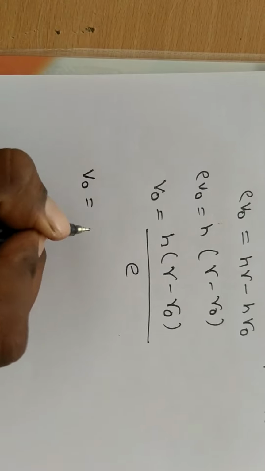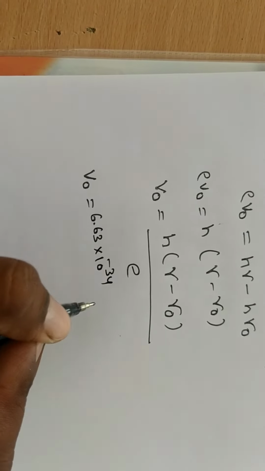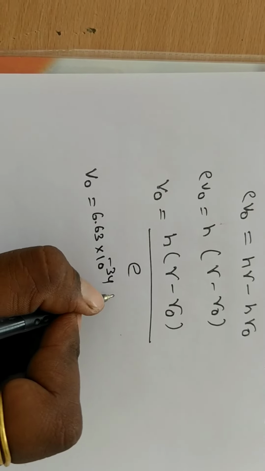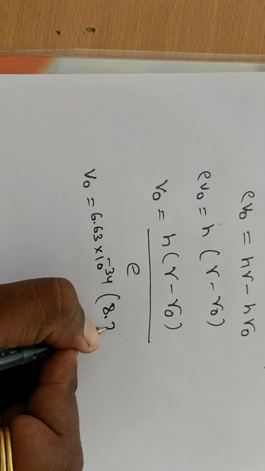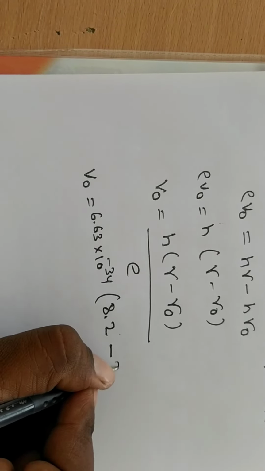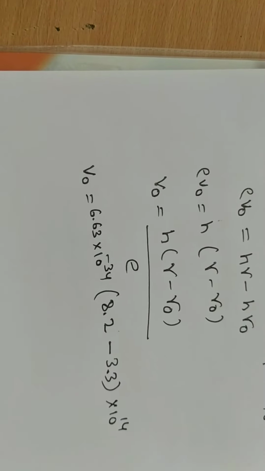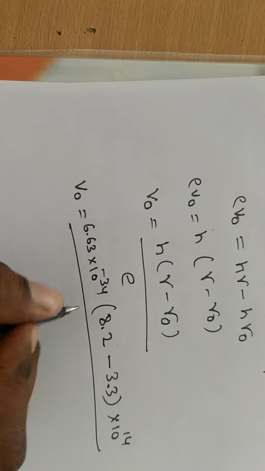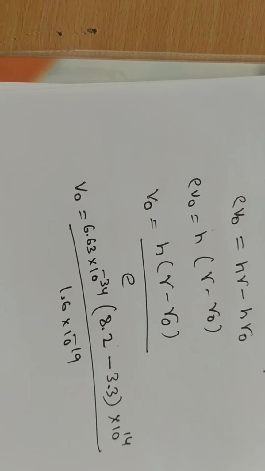V naught is equal to h value 6.63 into 10 to the power of minus 34 into nu value, 8.2 minus 3.3 into 10 to the power of 14, divided by e value 1.6 into 10 to the power of minus 19.